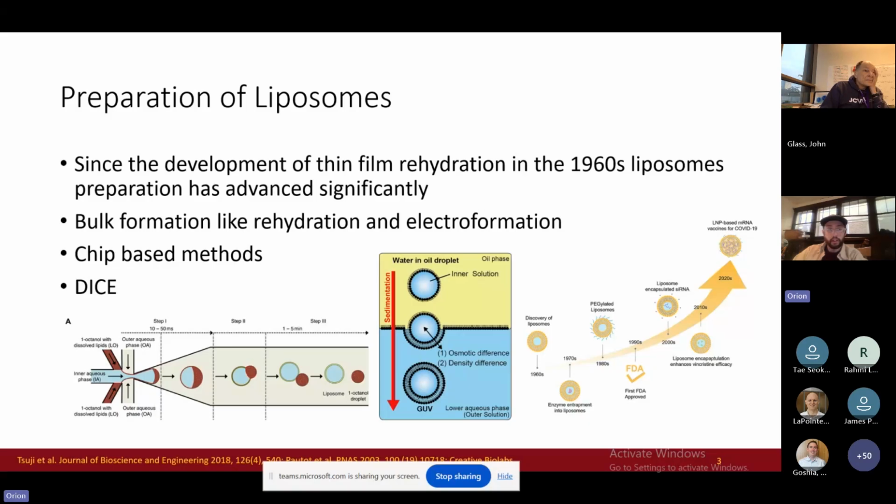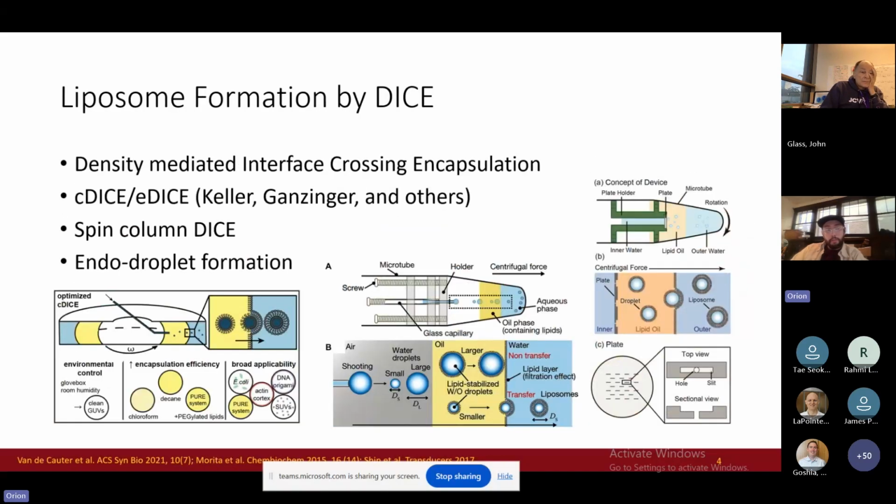I urge you to take a look at a review, but I'll be focusing primarily today on DICE liposomes, which stands for density mediated interface crossing encapsulation. This liposome formation system was initially developed in 2016 in the Keller group, and it's been expanded in the Granzinger lab as well, with eDice and derivative systems.